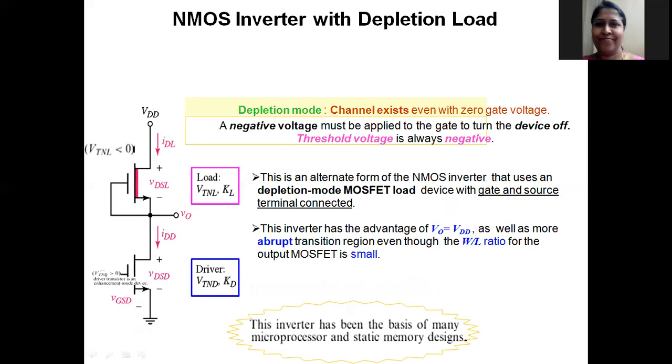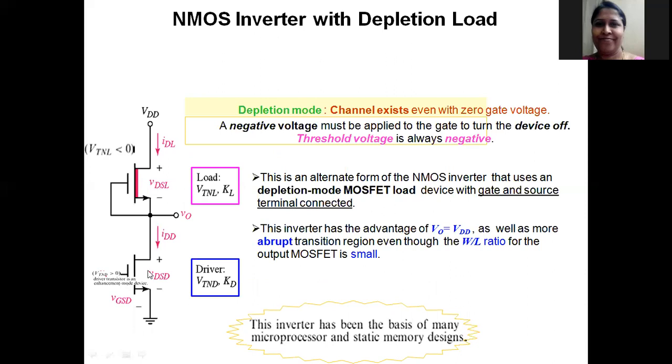Here let us see what is an NMOS inverter, and how it is built using depletion load. In the NMOS inverter, we have 2 portions: one is the load portion, and another is the driver portion.